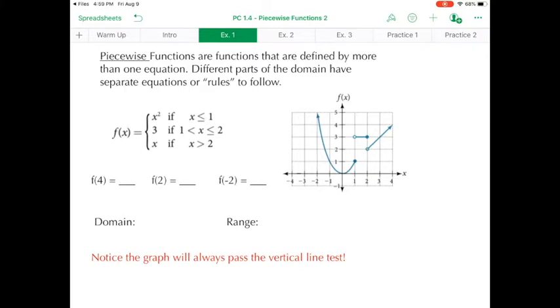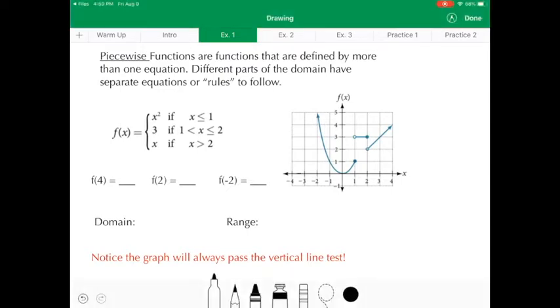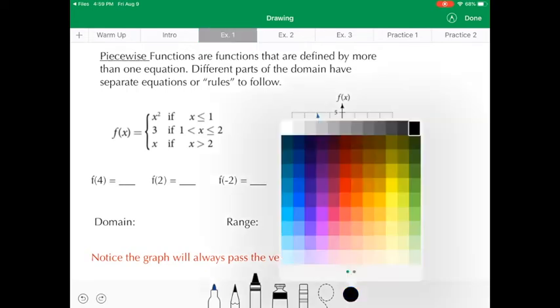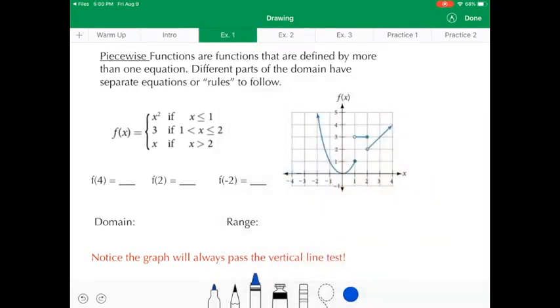This is where your knowledge of your library of functions can really come in handy. F of x equals x squared, we know that is a square or quadratic function, and graphs to be a parabola. So in terms of the graph, we're looking at this piece right here, in blue. Notice the domain of that piece alone would be any number less than or equal to 1.